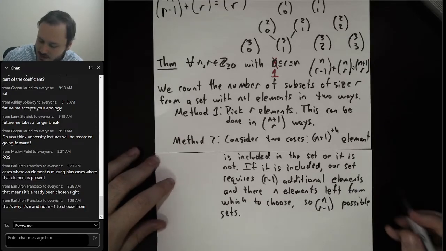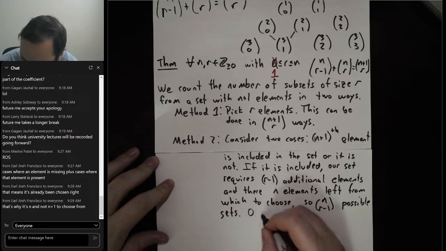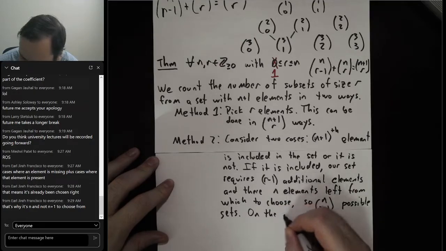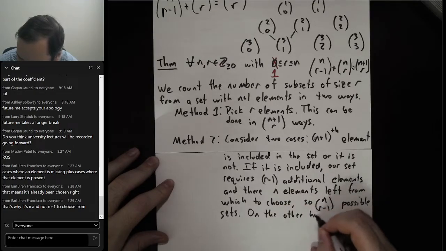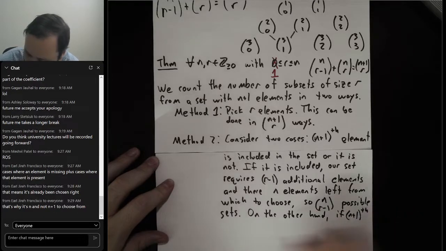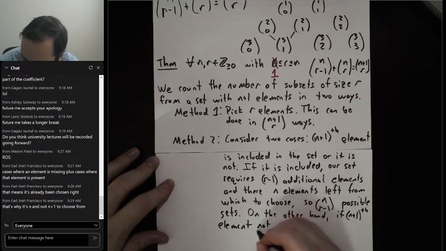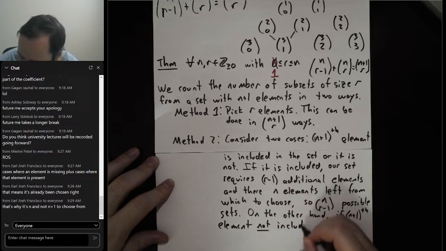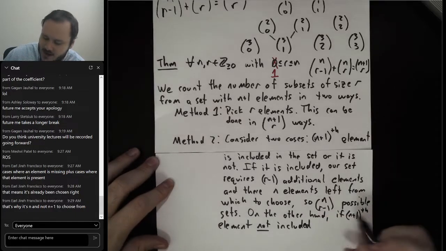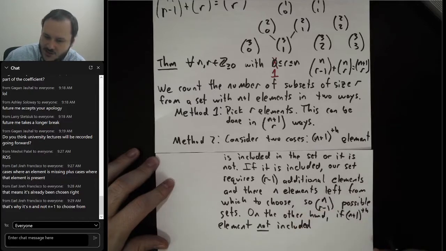On the other hand, I can decide not to include the n plus 1th element. If the n plus 1th element is not included, then I still need R total elements, but I only have n left to choose from.